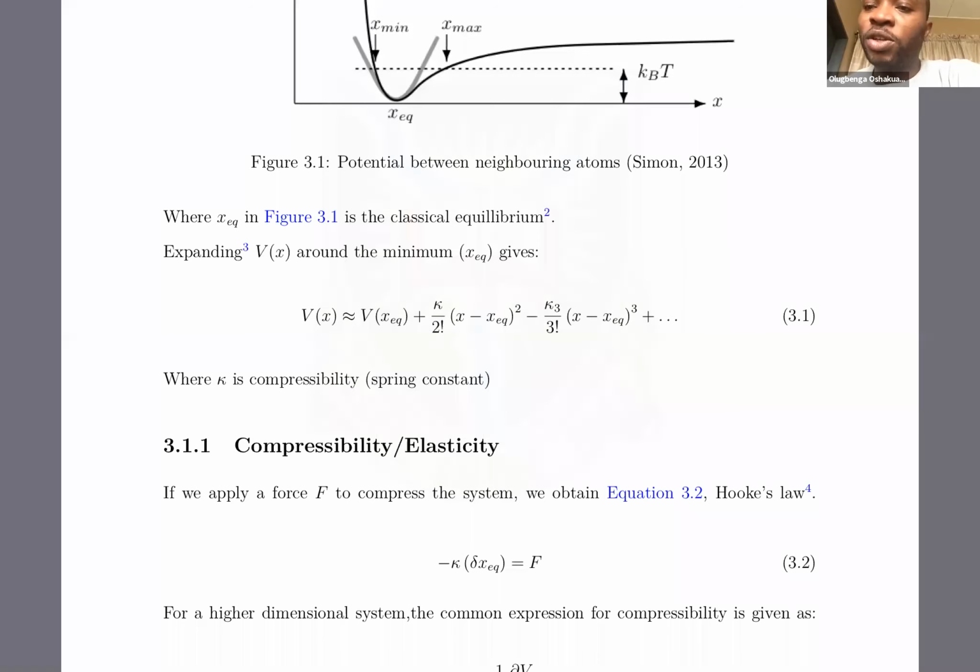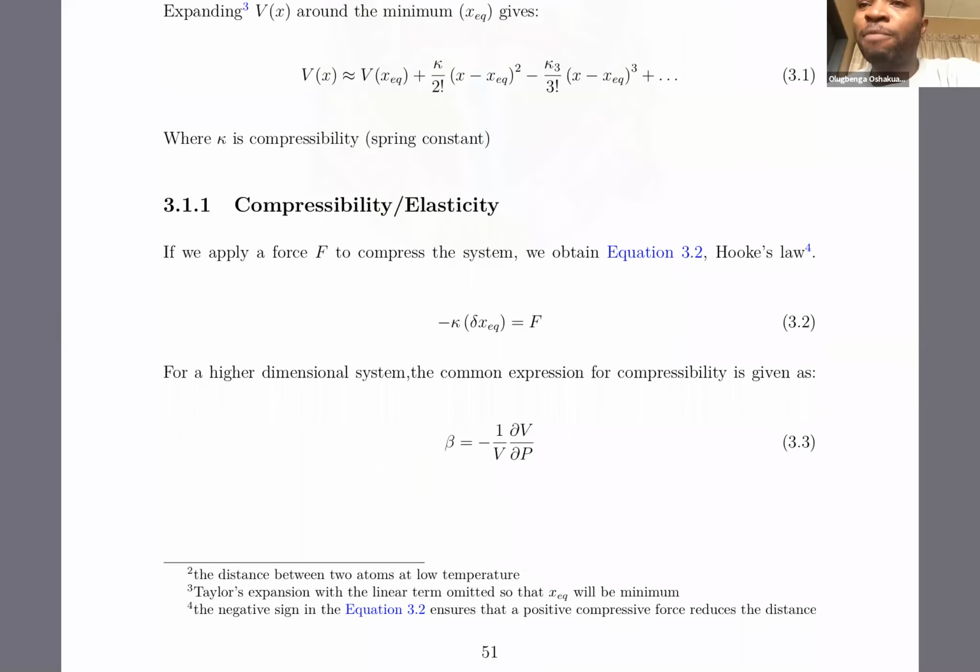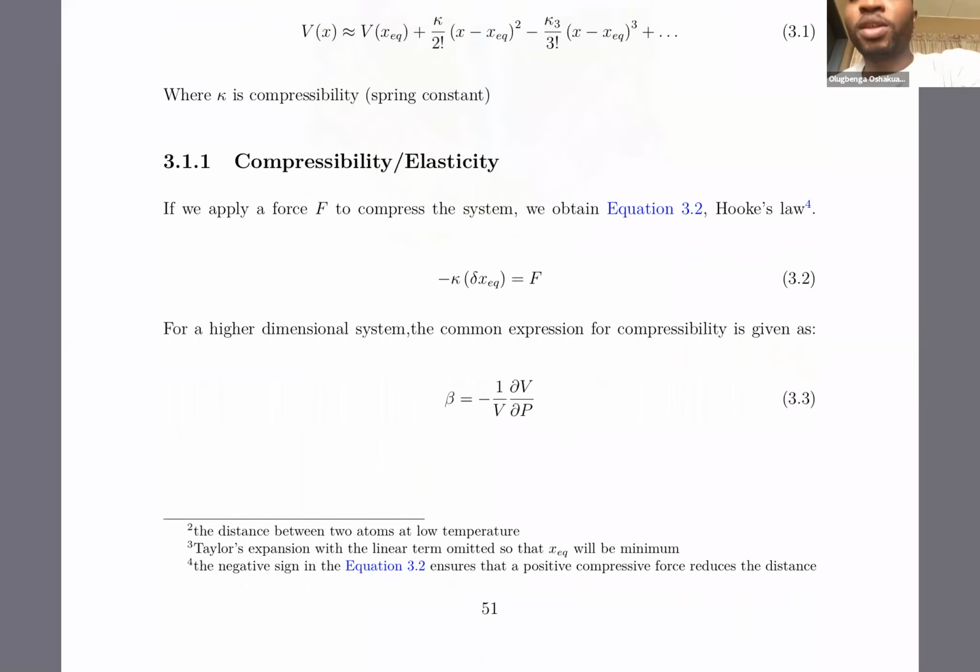Let's move on. So let's talk about compressibility and elasticity. I will say compressibility in the physical sense is like the opposite of elasticity, so they complement each other. When you are pressing something downwards, applying force in the positive direction to change the shape of a material, you can say it is compressibility.